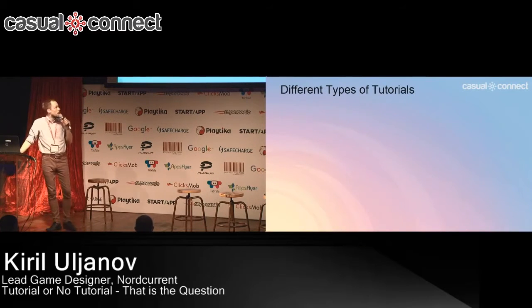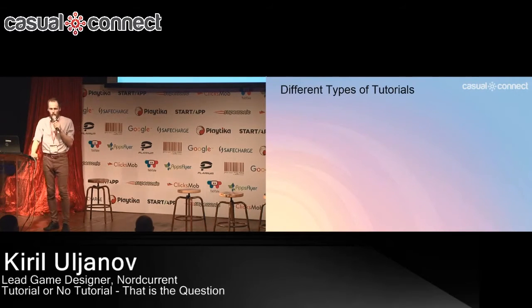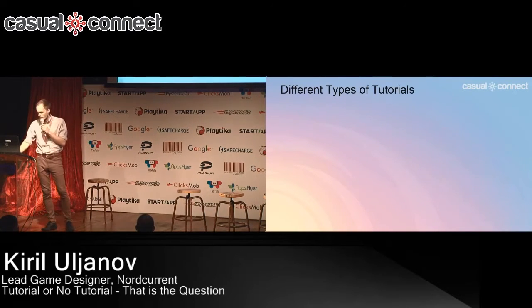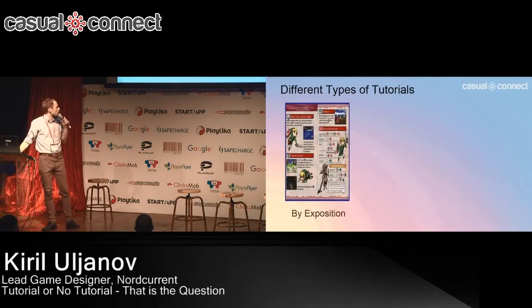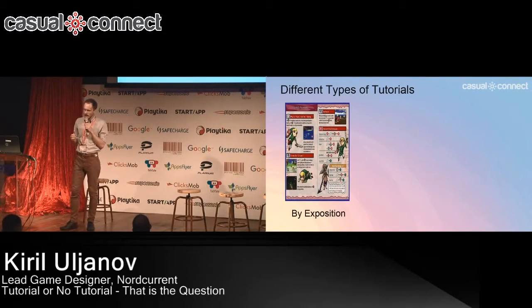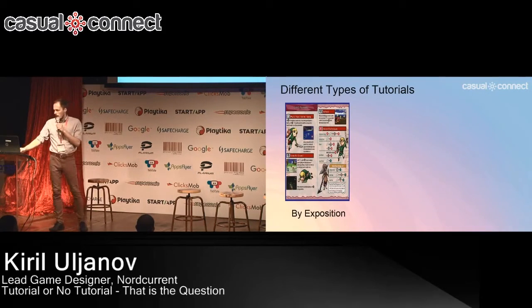As I said, there are many different types of tutorials, but I personally would like to outline the following three types. First one is tutorial by exposition. This type is actually a successor of paper game manuals which used to exist in the early era of video games. Controls are usually covered by this type.